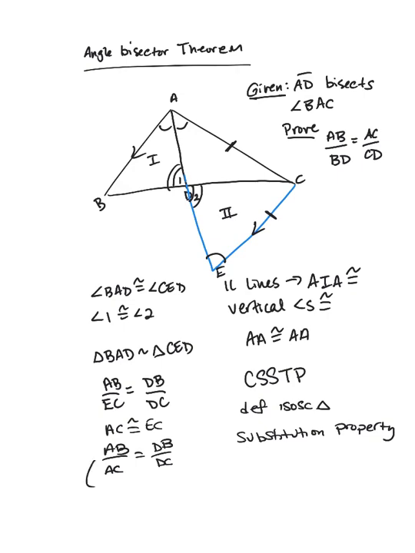I can just take this and rearrange it and have AB over DB equals AC over DC. Okay, why am I allowed to rearrange that? That's just a property of proportions, right? Okay, so that proves the angle bisector theorem. This is the same thing. BD is the same thing as DB, and CD is the same thing as DC.